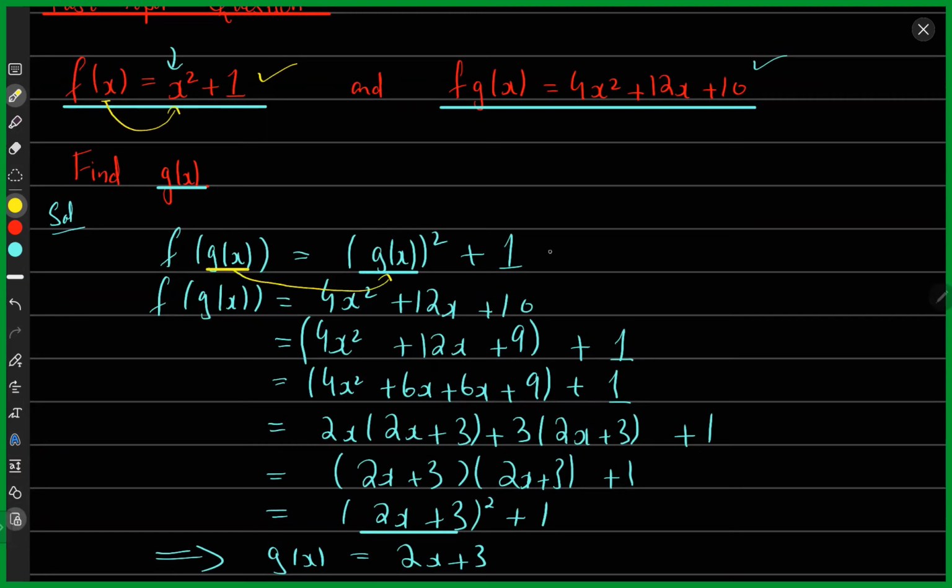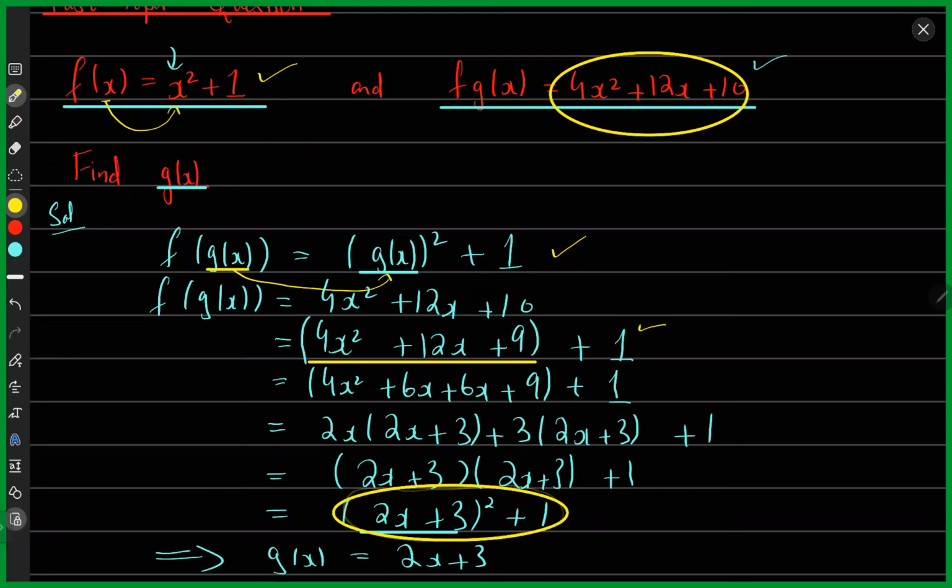This was just the first step to make things easy for myself. After that, I started using the composition. I separated the 1. This was a quadratic expression. I tried factorizing it, and this is what I got. Now, if I compare this with the first thing, I can clearly see that g of x whole squared is basically 2x plus 3 whole squared. And finally, I got g of x equals 2x plus 3.